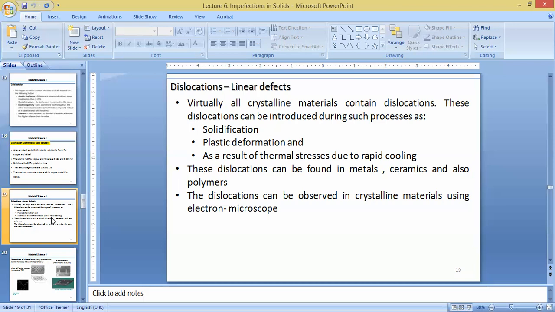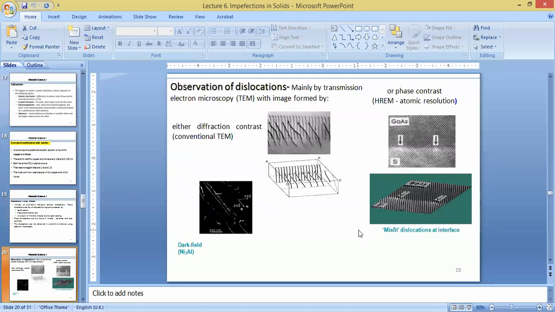The dislocations can be observed in crystalline materials using an electron microscope. We have a picture here where we can see some of these defects under a microscope, how they look. There's that defect coming up, and there are these boundaries at an angle.